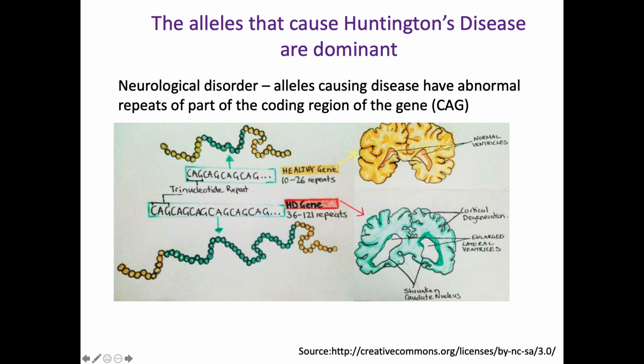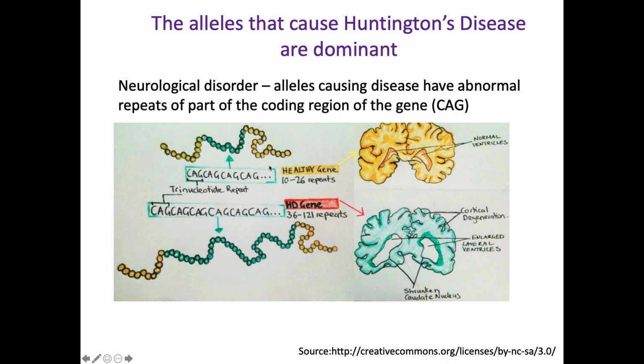These glutamines are coded for in the messenger RNA and in the non-template section of the DNA as CAG repeats. So CAG, CAG, CAG, CAG. And normal versions of the gene have 10 to 26 of these repeats, meaning there's going to be a little strip of 10 to 26 glutamines.